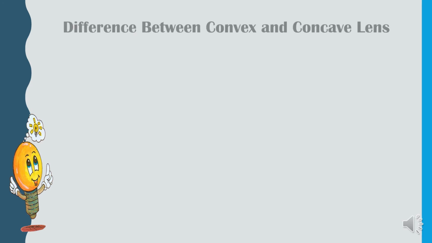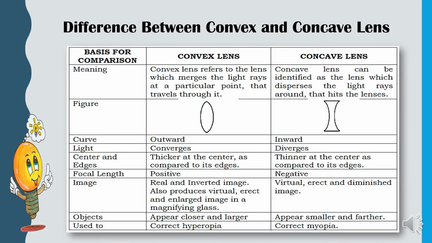We're done discussing on concave and convex mirrors. Let's now proceed with convex and concave lens. Let's now differentiate convex and concave lens through the following basis for comparison. Let's start with the meaning. Convex lens refers to the lens which merges the light rays at a particular point that travels through it.